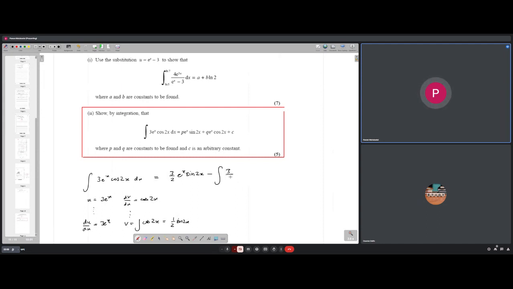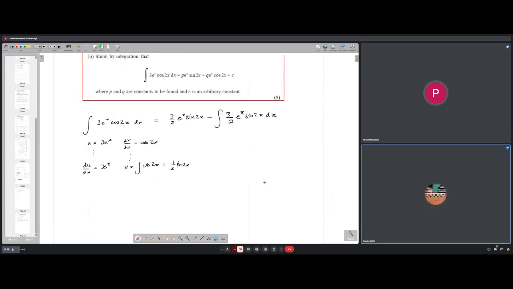So that will be the integral of 3 over 2 e to the x sine 2x with respect to x. Okay, does that make sense? Now, you're probably thinking, let's do by parts again.